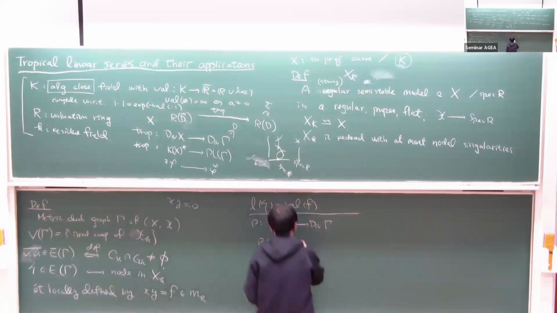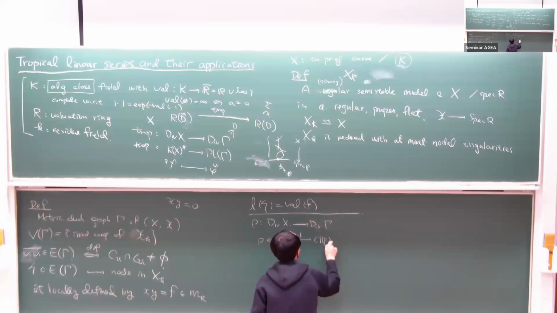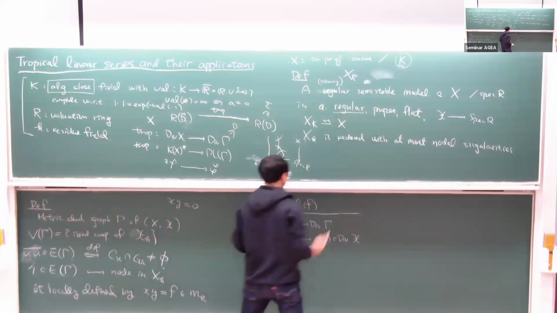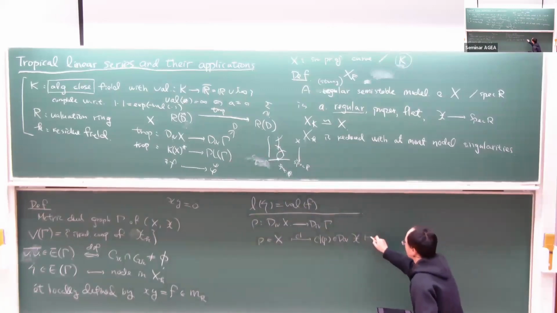So we can take the closure of P. Then this is a Cartier divisor on the family, because we have these regularity assumptions. Then we map this further to the following divisor on the graph.